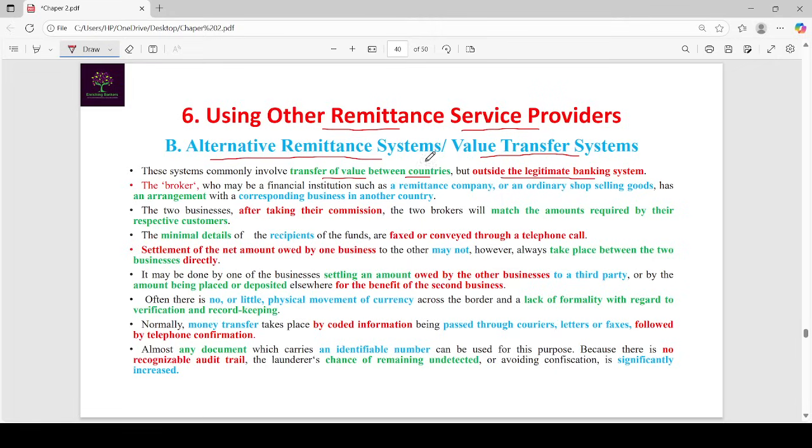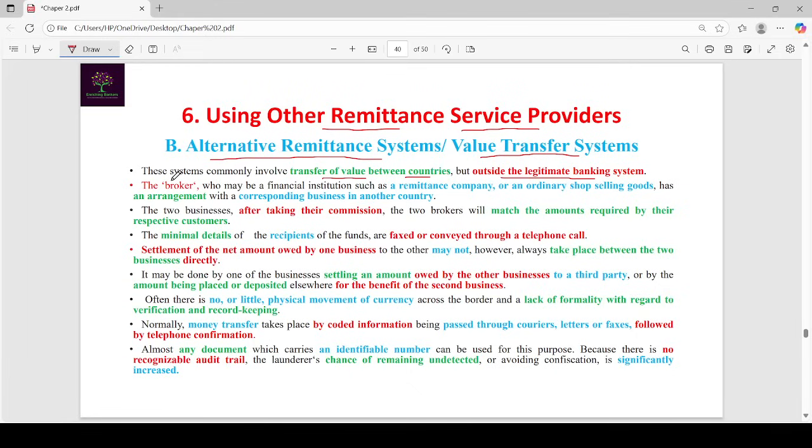So in this system, the banking system is not involved. They don't use the banking system. They don't transfer funds through the banking system.